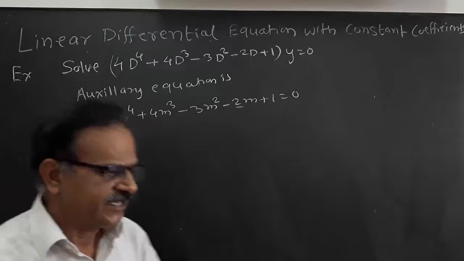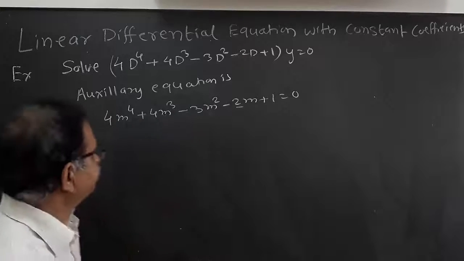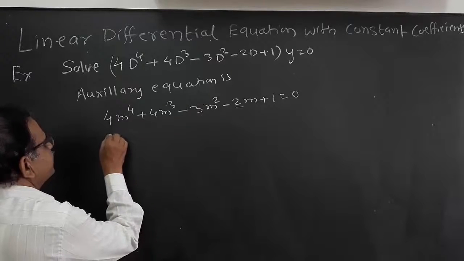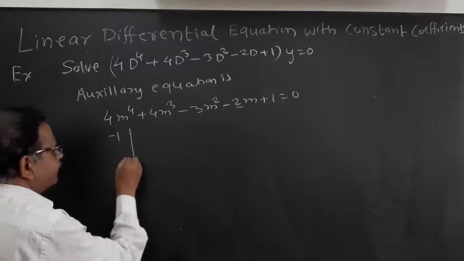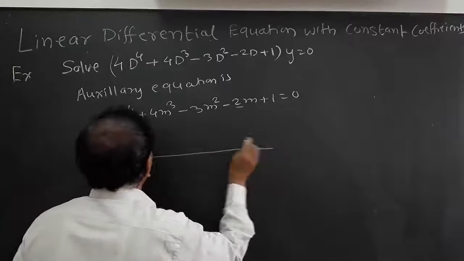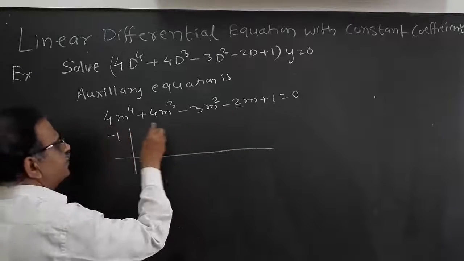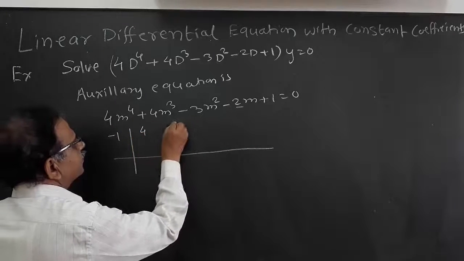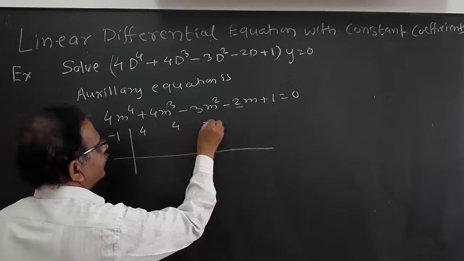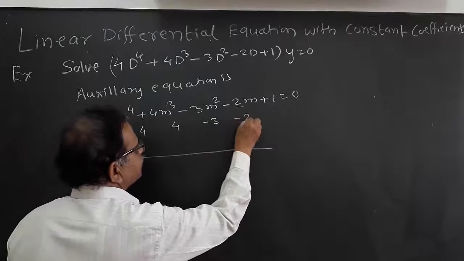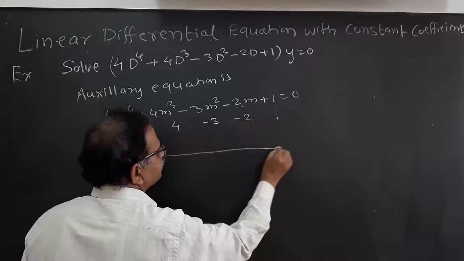We shall use synthetic division for finding other roots. We shall divide by m plus 1, that is m equal to minus 1 here, and then write the coefficients in decreasing order: 4, 4, minus 3, minus 2 and 1.